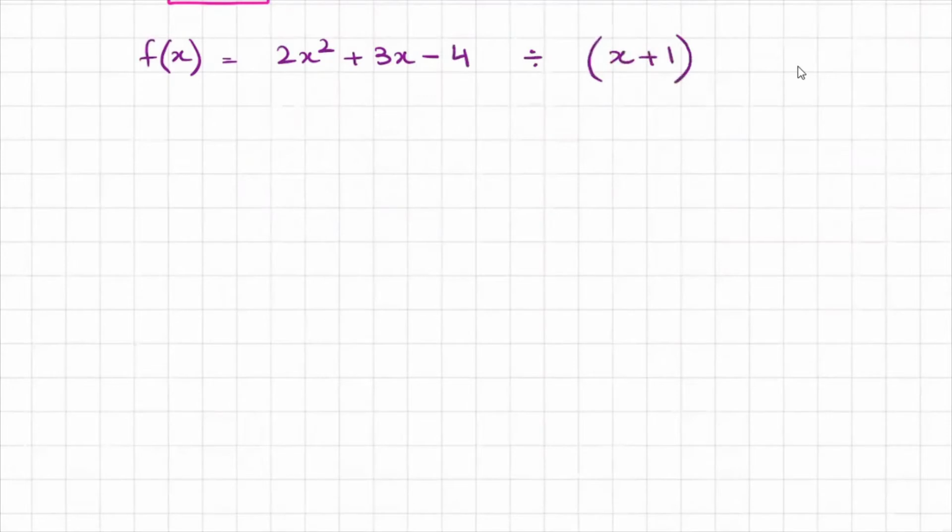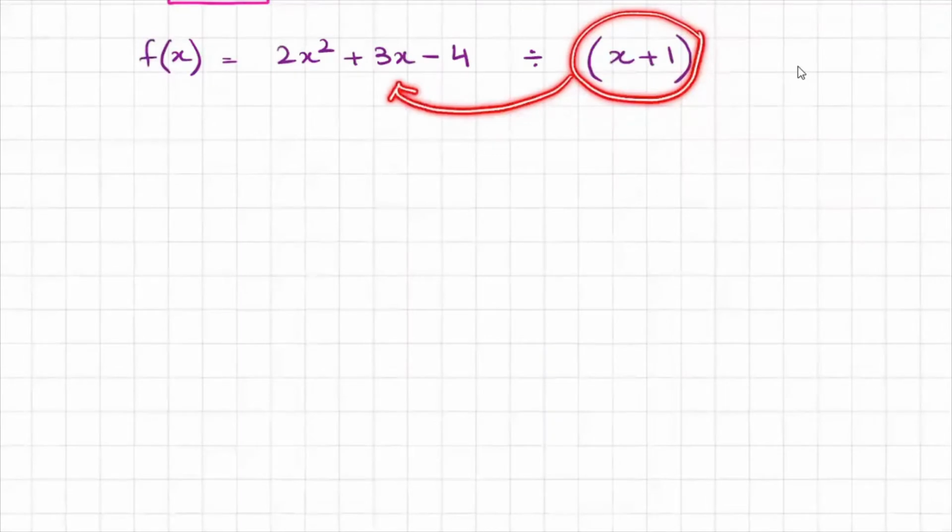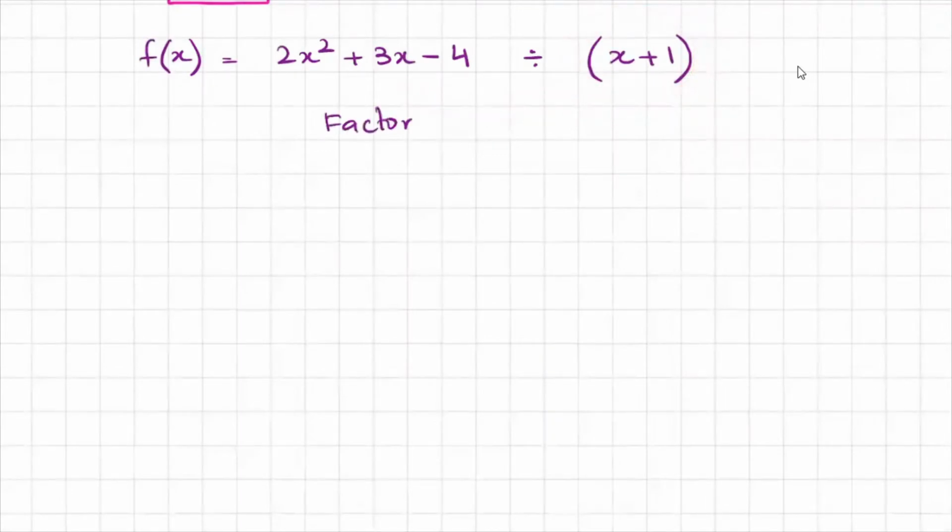I want you to check whether this is a factor or not. What does the word factor mean? Factor means that you will be getting a remainder of 0 when you substitute this value in the equation given. If you're not getting a 0 in the end, it's not a factor. So let's check. x plus 1 equals 0, so x equals minus 1.